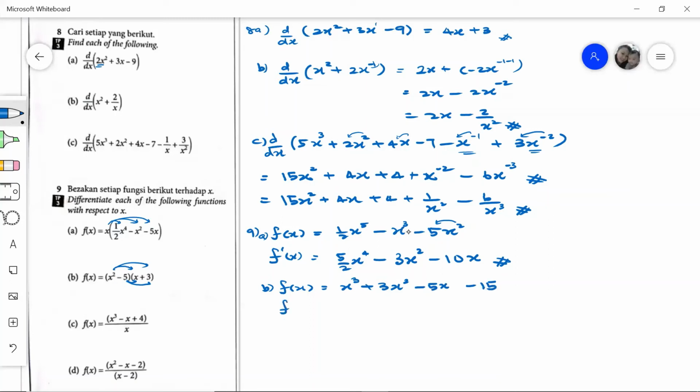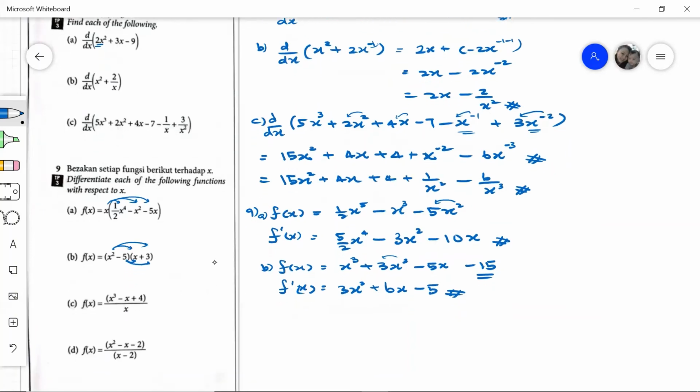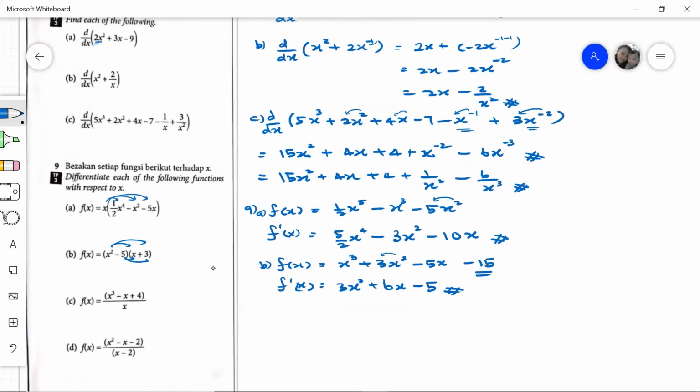Therefore, f prime x: we have 3x squared, and then bring down the power, 6x, reduce the power by 1, so minus 5, and that's it. The constant after we expand, when we differentiate, is always 0. Now next, part C. Simplify it first.